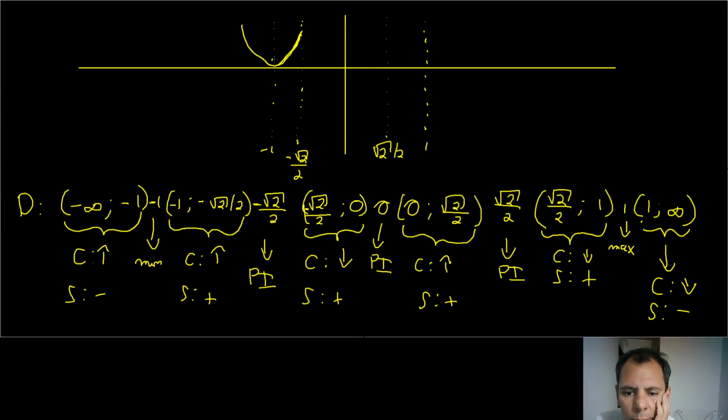So -1 is a minimum. Minus square root of 2 divided by 2 is a point of inflection, which starts going like this. Okay, so you got a concavity down, a positive slope. And then at 0, you have a point of inflection again.